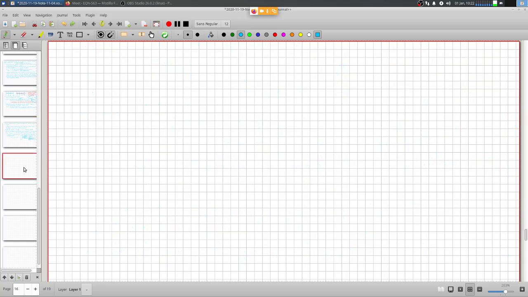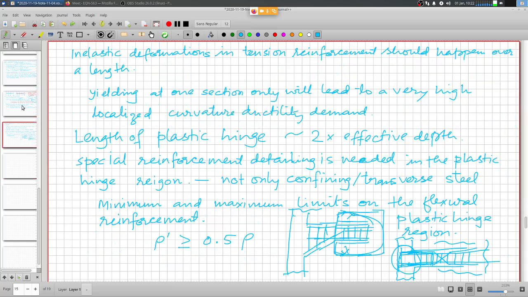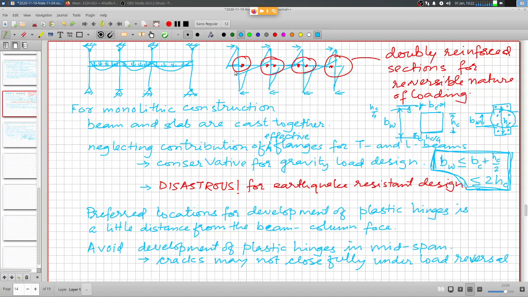So that was the basic idea behind the discussion of this difference in the load pattern and the moment pattern that you have.